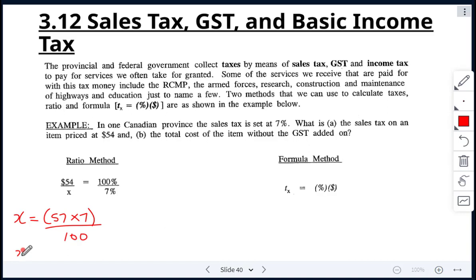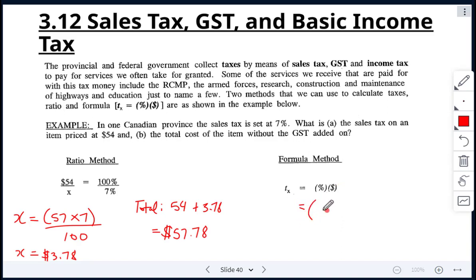That gives me x is equal to $3.78. All right, that's the sales tax. Then we need to figure out the total cost. We would get $54 plus the $3.78, which gives us $57.78.